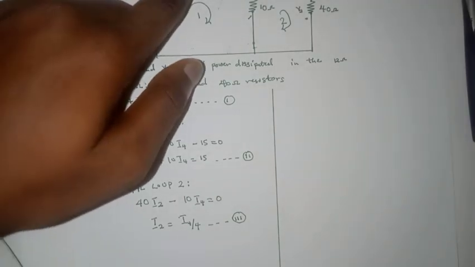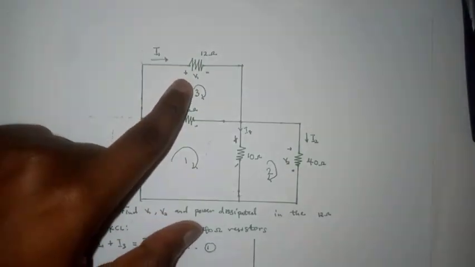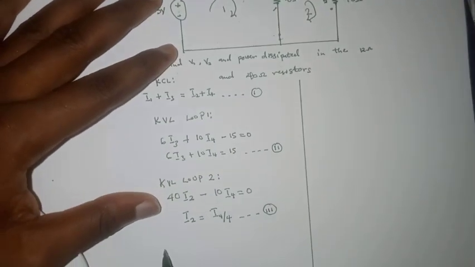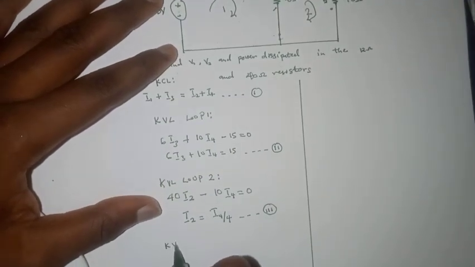Then let's take the KVL for the third loop. KVL loop 3.